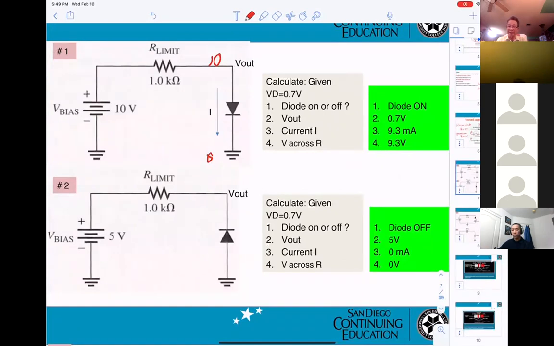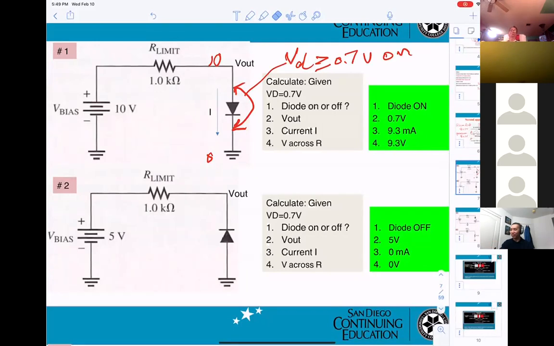So the voltage across the diode here, VD, has to be greater than or equal to 0.7 volt to be on. You know the difference between 10 and 0 volt has to be greater than 0.7. Okay? Then the diode now will be on.